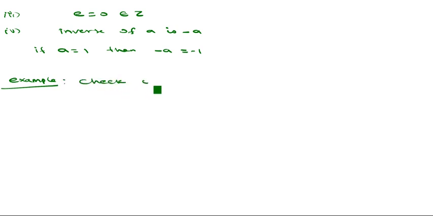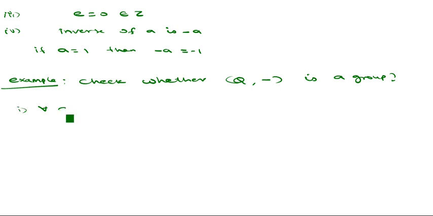The question is, check whether Q comma minus is a group. First we will take the closure property. For every a comma b in G, here G is Q, a minus b belongs to Q. Suppose we take any two rational numbers and apply this operation, that is, when we subtract the two elements, the result will be a rational number, therefore it will be in Q.